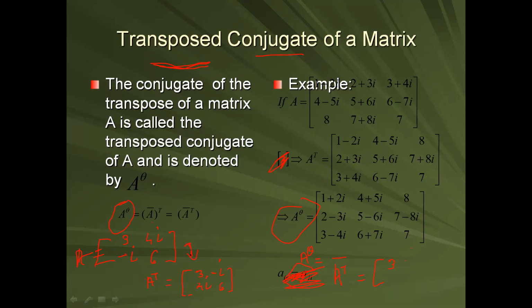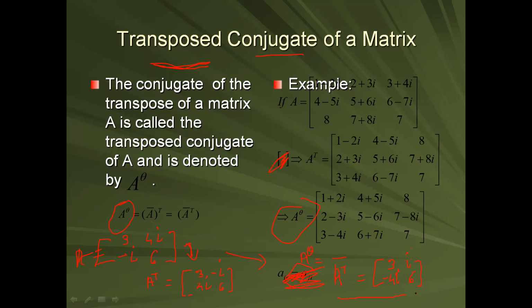Look at this, and from this you are giving me A transpose bar. 3, 3 plus i, 4i minus, 6. Yes. Thank you. Pay attention, please. If you are not attentive, you are going to miss so many things.